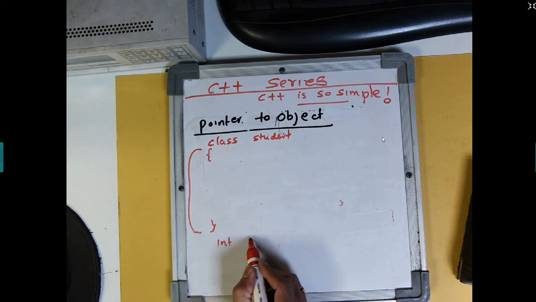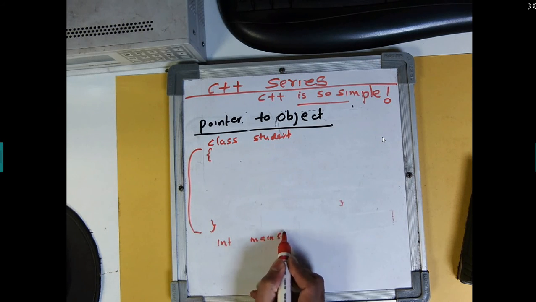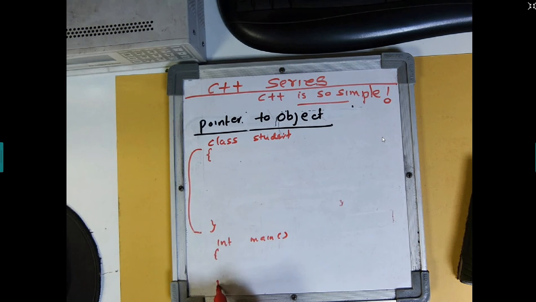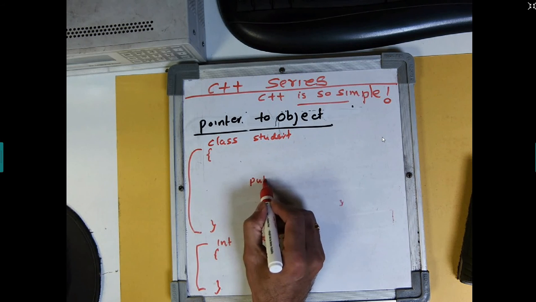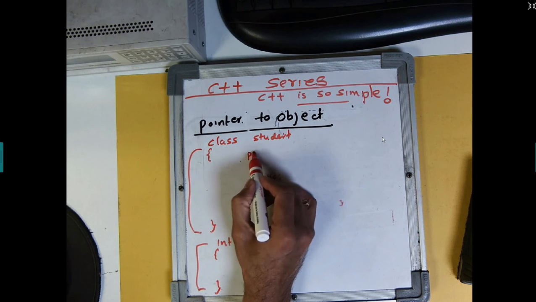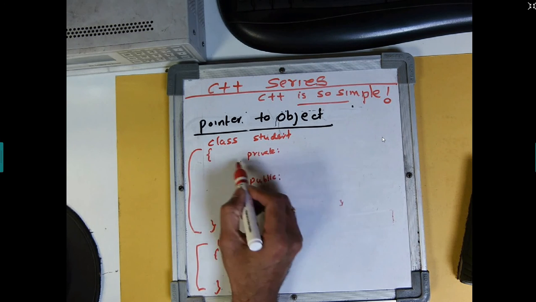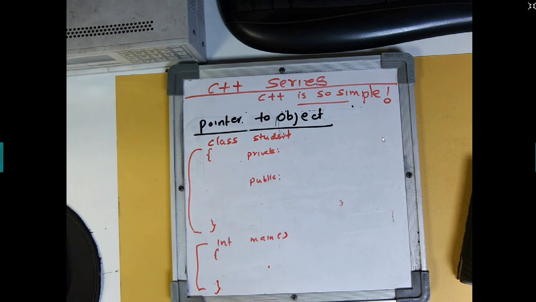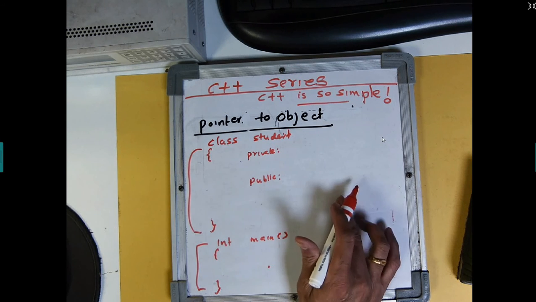Now another function called main, which is a second family, wants to use the content of the public part, and these private parts are all available only within these two braces. All these things we discussed.